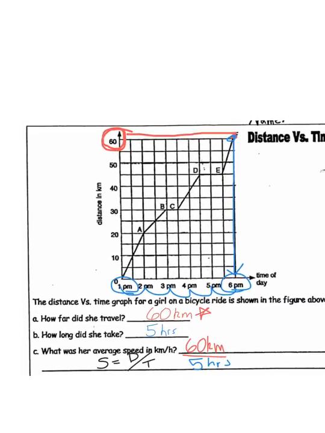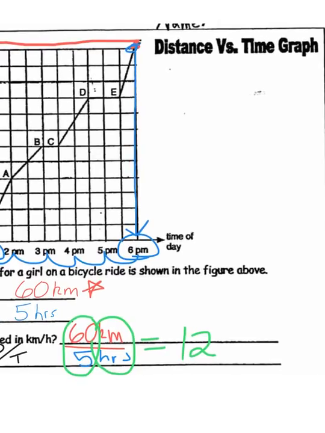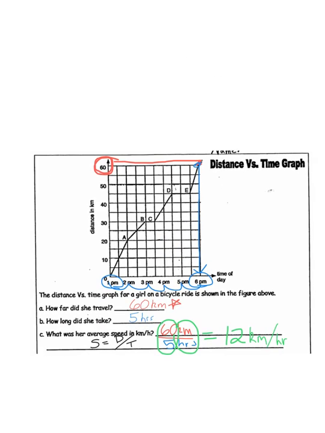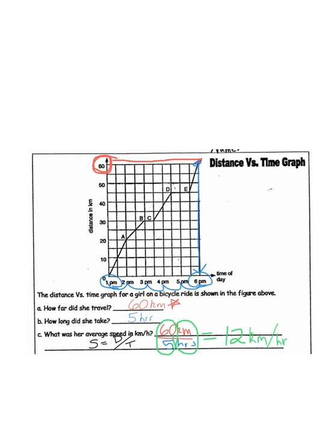Okay, so 60 divided by 5 is 12. Now, kilometers divided by hours, you can't do it. Plus, speed is supposed to represent how far you go in a certain amount of time. So you go 12 kilometers every hour. All right, so that's how you got A through C.